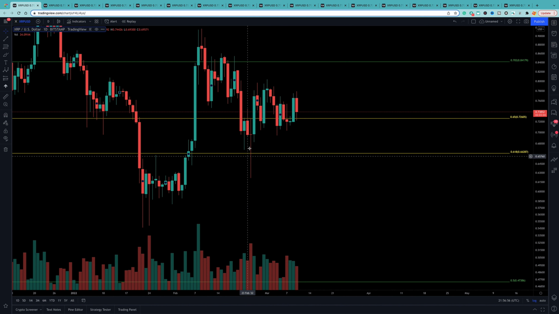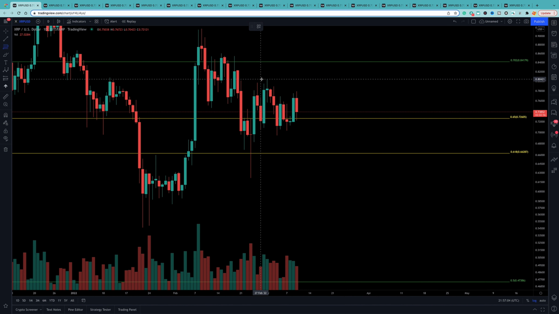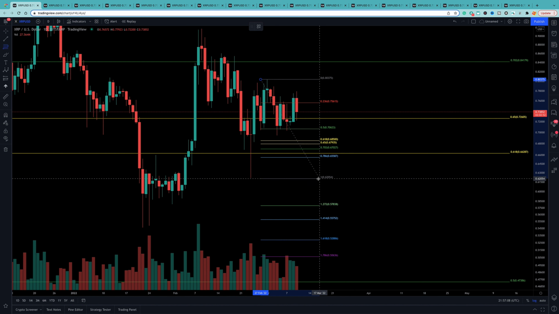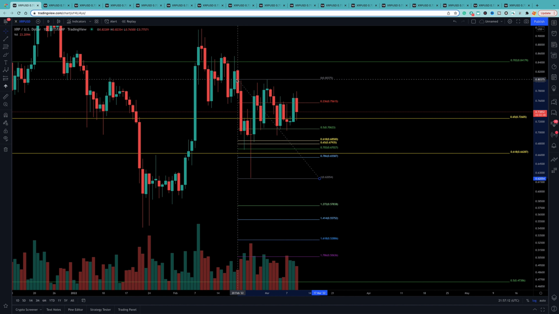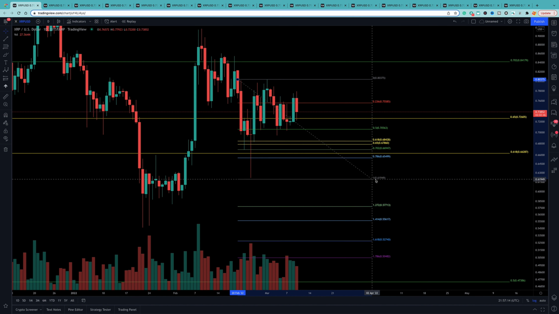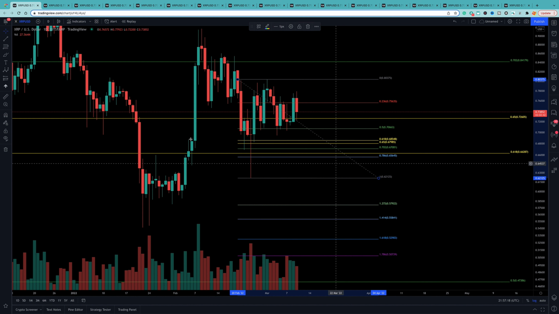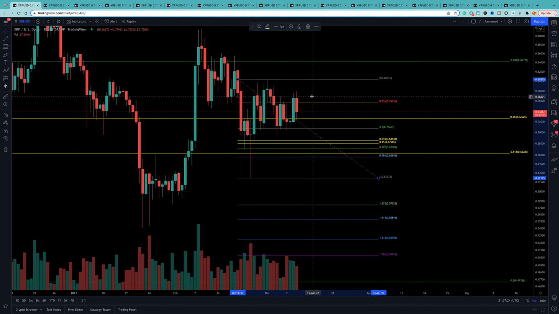And the reason being is that this is the impulse wave that hasn't had its full correction. So there's the top here. There's the bottom here. Okay. There's the top. This is Bitstamp, isn't it? So the figures are a little bit different here, yeah.